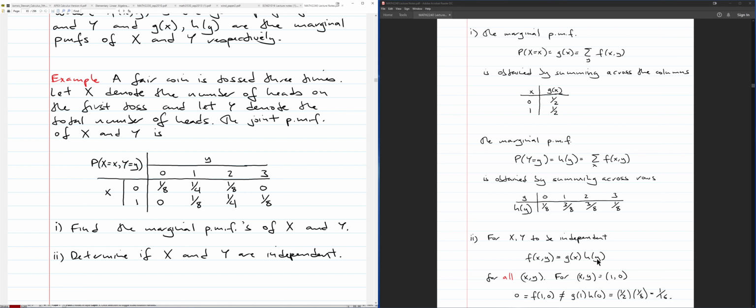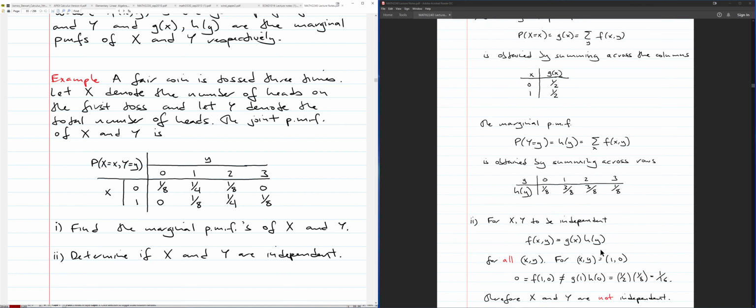What specifically I need is the case when x is equal to 1 and y is equal to 0, so I need h0. From my marginal PMF, the h0 is equal to 1/8. So I check this now. When x is equal to 1 and y is equal to 0, this joint PMF is equal to 0.